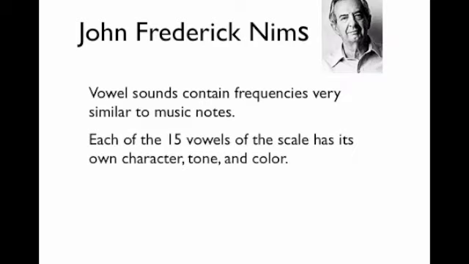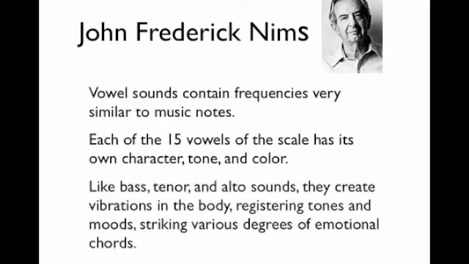He said that each of the 15 vowels of the scale has its own character, tone, and color. And I would include there, they have their own shape as well. And he said that like bass, tenor, and alto sounds, they create vibrations in the body. They register different tones and moods, and they strike various degrees of emotional chords, right?